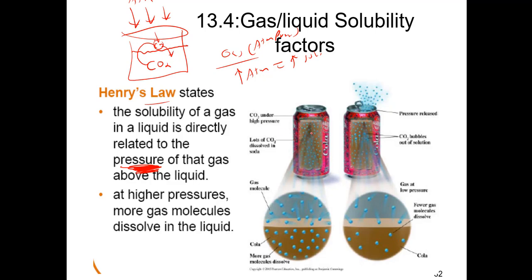If you go to a soda can, if it's closed, then as the gas particles escape, they're bounced back and pushed back in because it's a closed container. On the other hand, if you open up the soda can, you have a lot lower pressure than the closed soda can.